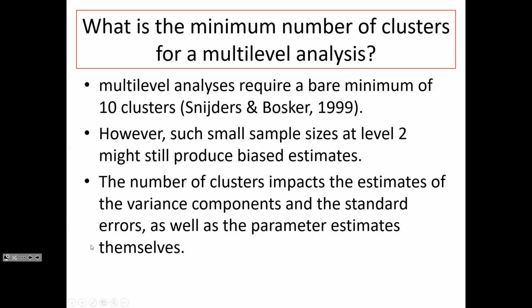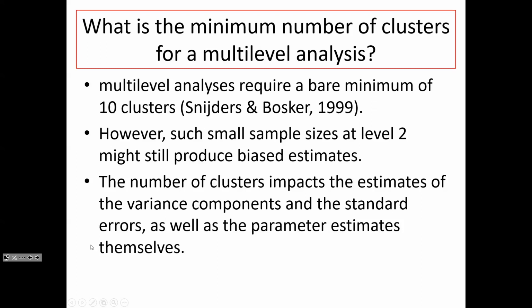Where else could we have bias in a model? Well, we could have bias in the standard errors for those fixed effects. What do we do with standard errors again? We create confidence intervals and we use them for statistical tests, right? So if our standard errors are biased, what's that going to do? Yeah, exactly. It's going to throw off our statistical tests.